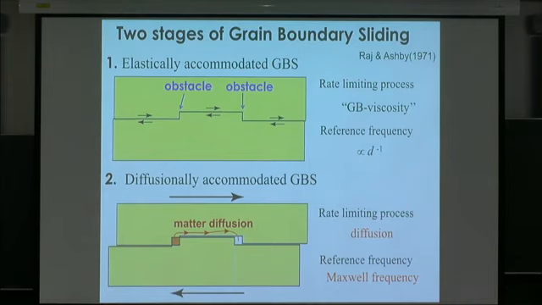So the reference frequency of this latter process can be given by the Maxwell frequency. And so the efficiency of the Maxwell frequency scaling observed in our experimental studies can be explained well by the diffusionally accommodated grain boundary sliding.